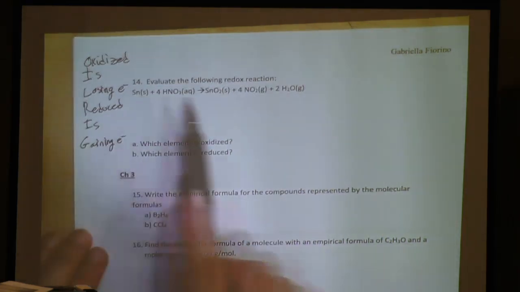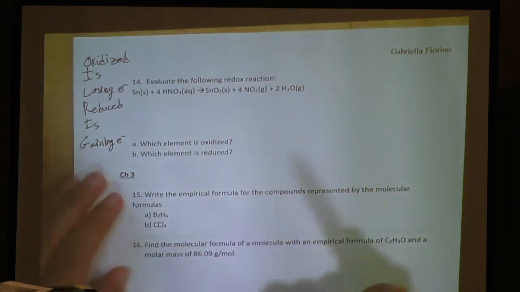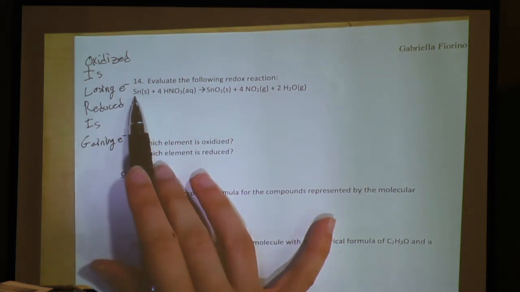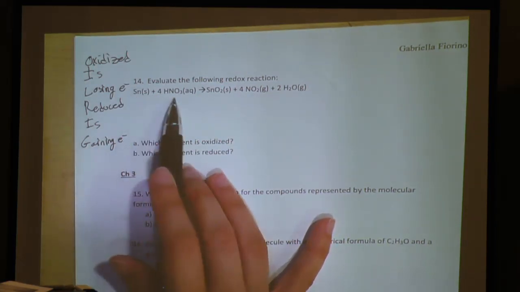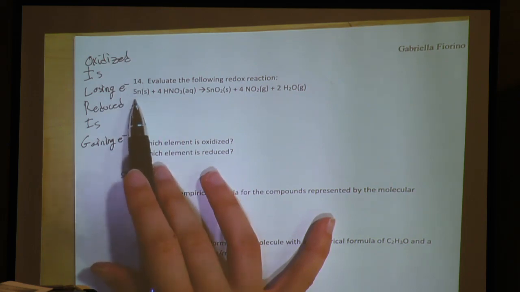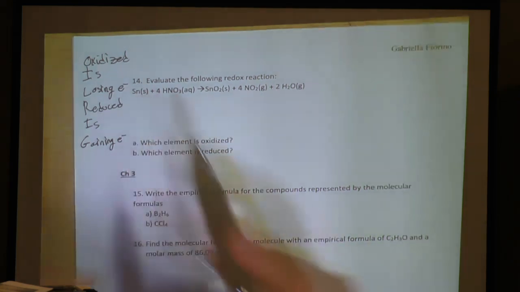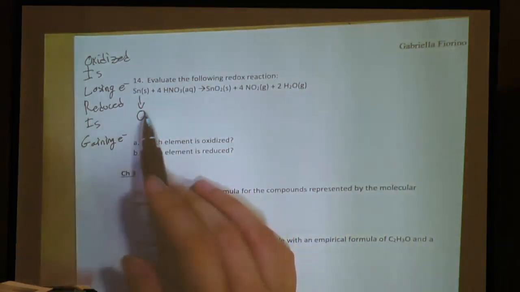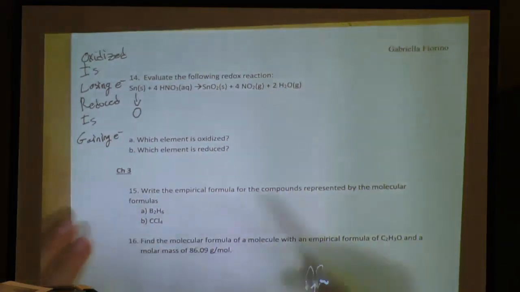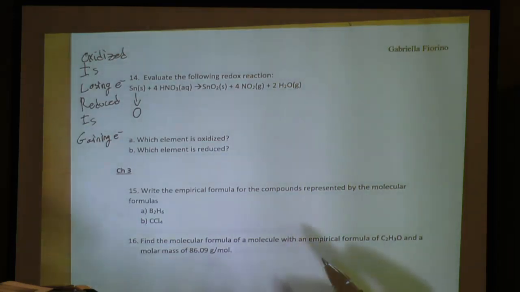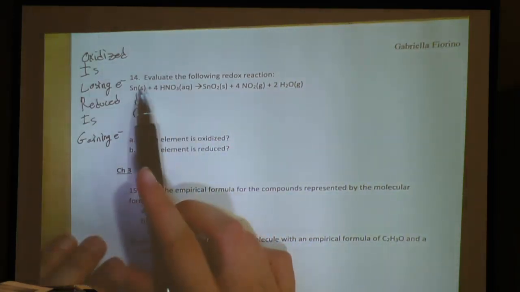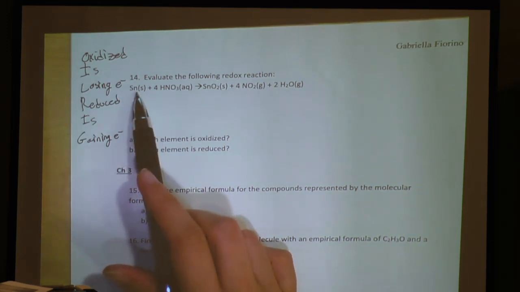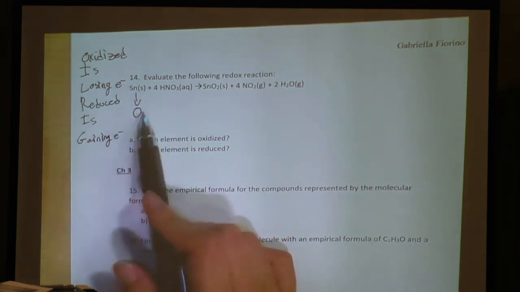For Sn, whenever you see a lone standing atom, its oxidation state is always going to be 0. Oxidation state refers to your sharing of electrons. Sn isn't sharing electrons with anything, so it's 0.